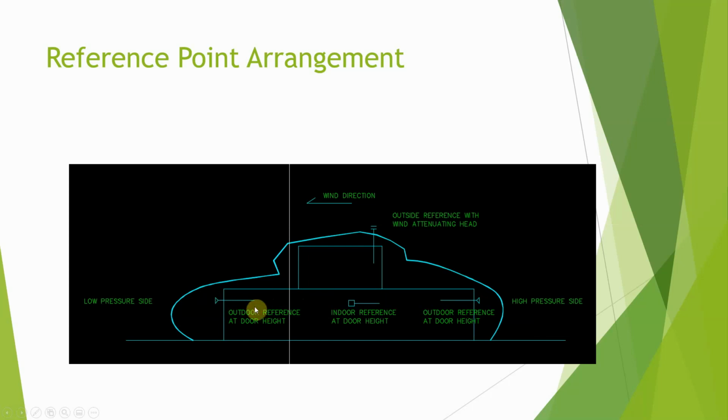One thing to note, though, is it's not really a match. The negative pressure on this side does not match the positive pressure on that side. So this is not necessarily the most accurate way to handle this. And I'd say in areas of high wind, a two-sensor situation is probably not adequate.